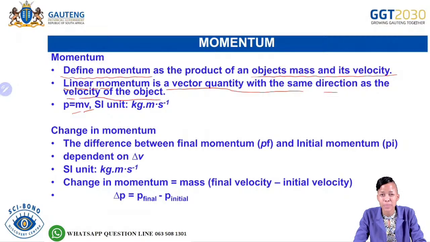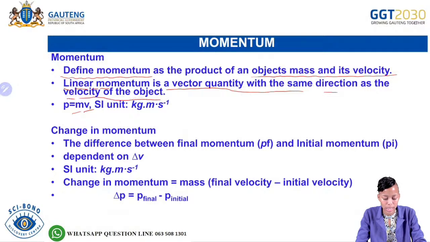And what is magnitude? Magnitude is the size. So for an answer of momentum, we are going to have the magnitude, which is the size, we are going to have the SI unit, and then again we are going to have what? The direction.